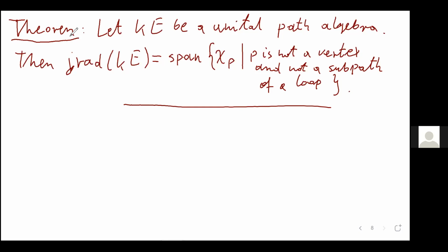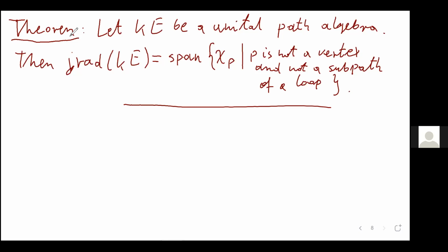Because the condition of not being a subpath of a loop is vacuous, since there are no loops. So the only thing you are discarding are vertices. Say you take the linear span of the p's where p is not a vertex. That's exactly the arrow ideal. So for acyclic graphs, you have the obvious answer. This is just the arrow ideal.